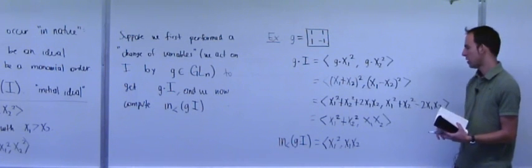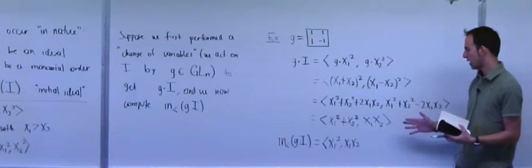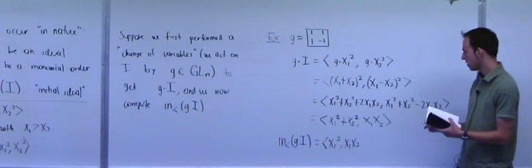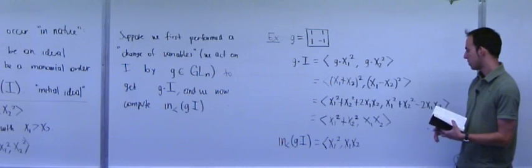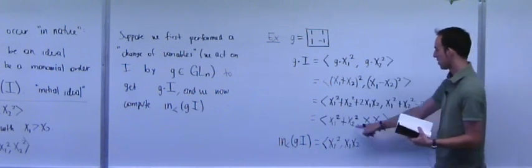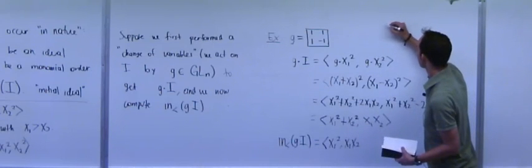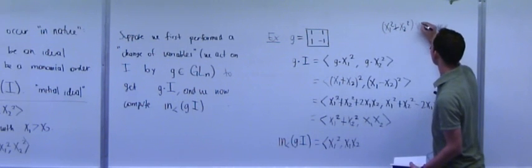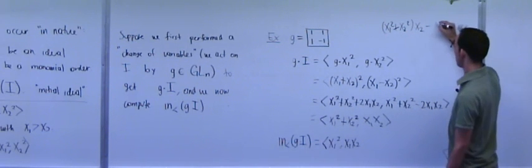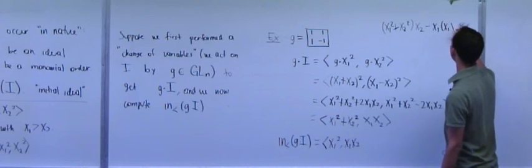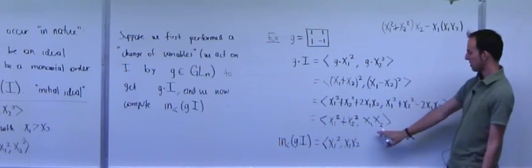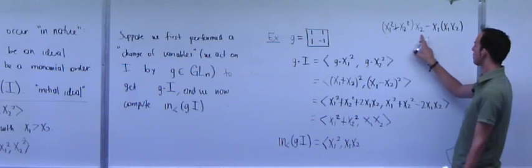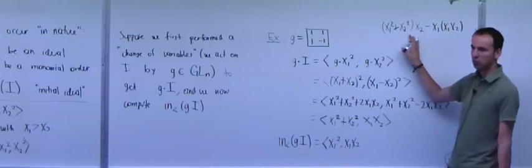Okay? So if you were to do this carefully and compute a Gröbner basis, you would see that you're missing something else. For example, let me show you a polynomial that lives here: (x1 squared plus x2 squared) times x2 minus x1 times x1 x2. Okay? So of course this is in this ideal because of the way that I'm writing it. What I get is x1 squared x2 minus x1 squared x2 plus x2 cubed.